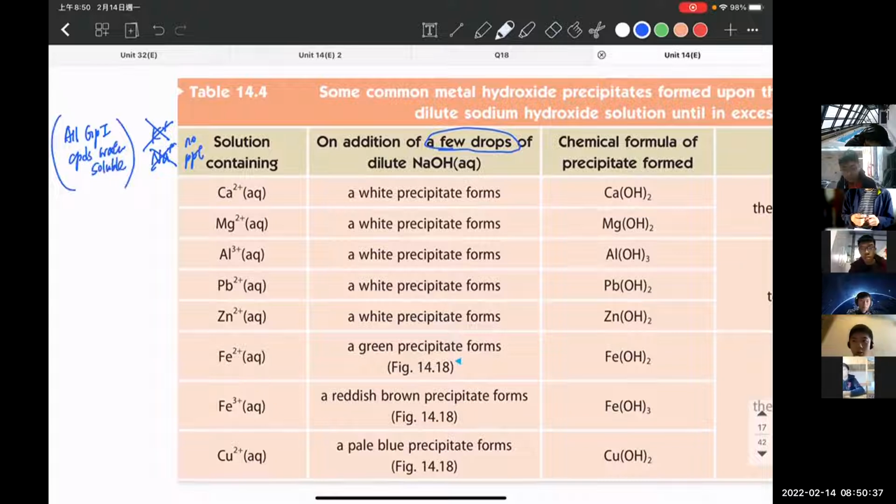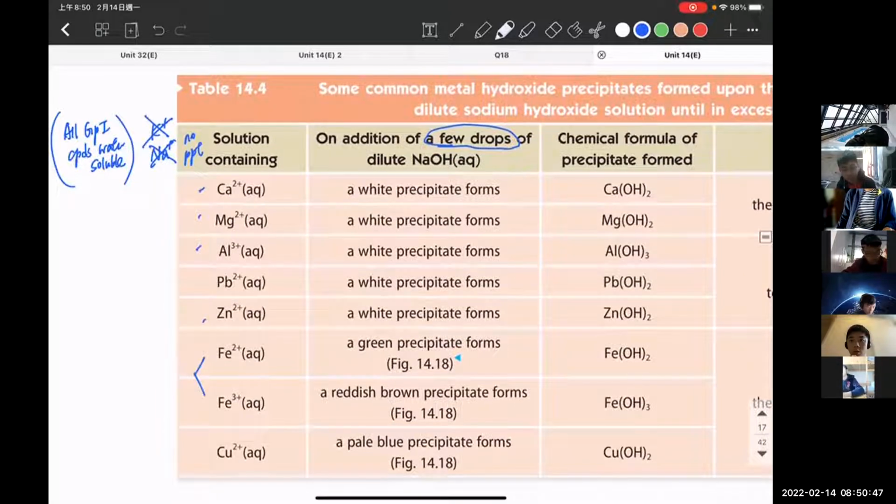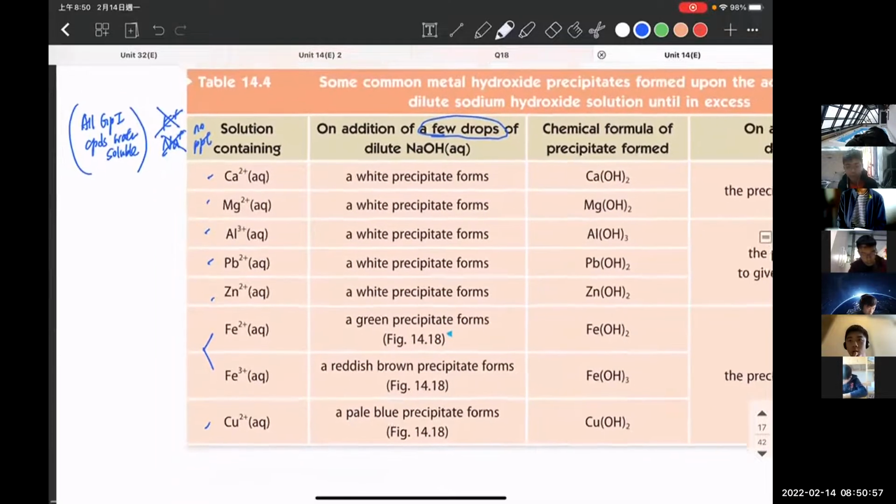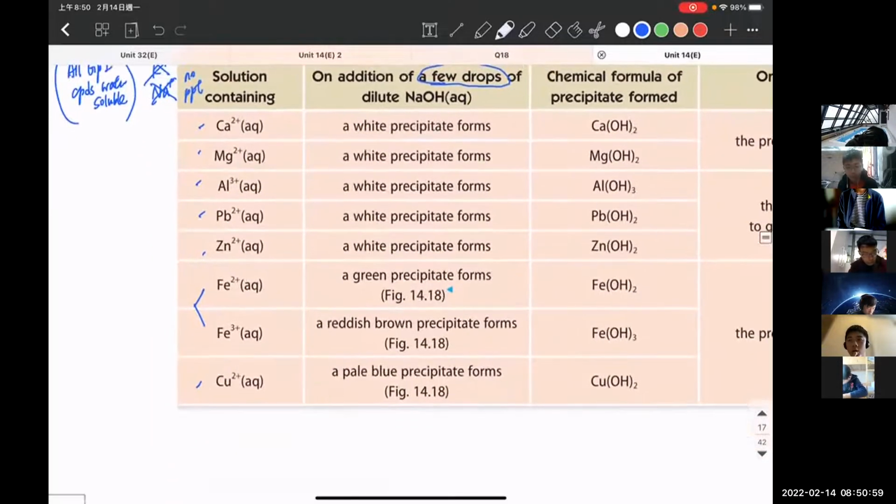So just count potassium, sodium, calcium, magnesium, aluminium, zinc, iron. We've got the 2, right? Lead, copper. Do you see it? Very similar to what you know about the metal reactivity series.